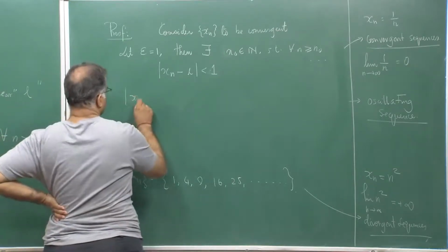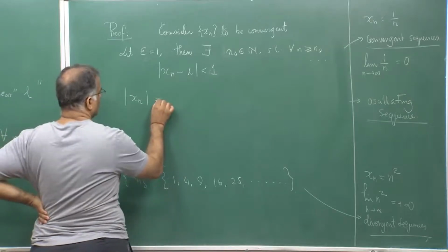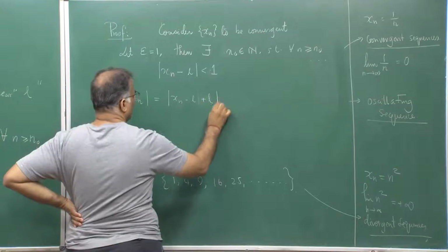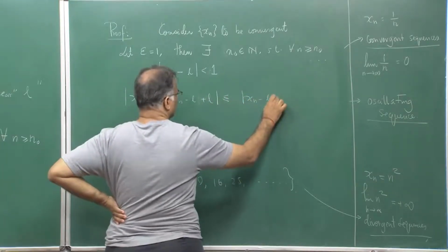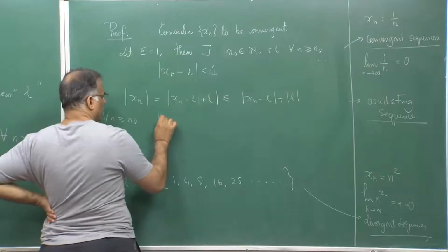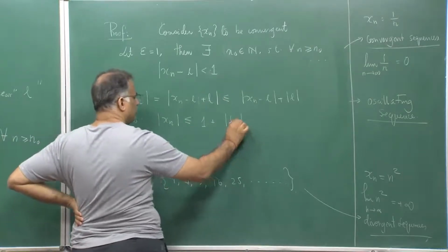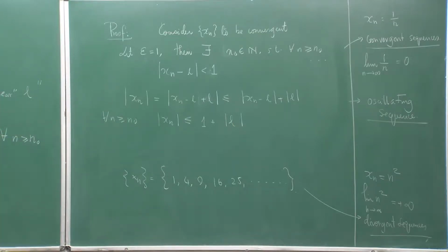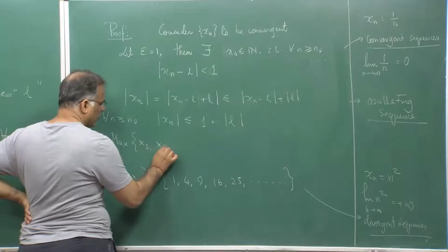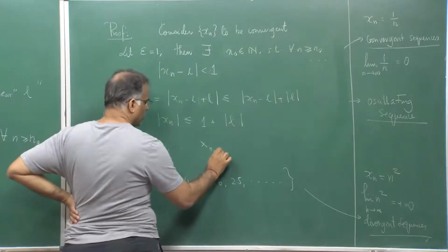So, now take this sequence xn, just write xn. And this can be written as xn minus L plus L. Now for all n bigger than or equal to n naught, from this inequality, you would have mod xn less than or equal to, this is less than 1, just by this equation, 1 plus mod L. Now take the maximum value of x1, x2, up to x of n naught minus 1.